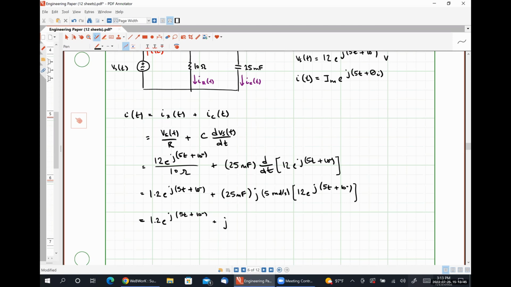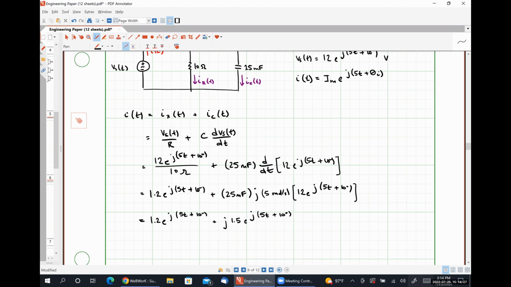All right, so now we're going to have 5 times 25, so that's 125 millifarads per second multiplied by 12 volts. So 0.125 times 12 is 1.5, e to the j(5t plus 10 degrees), like that.